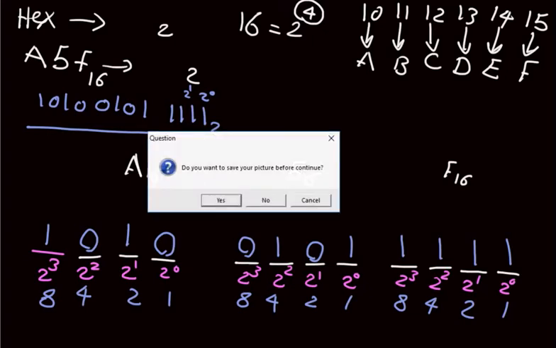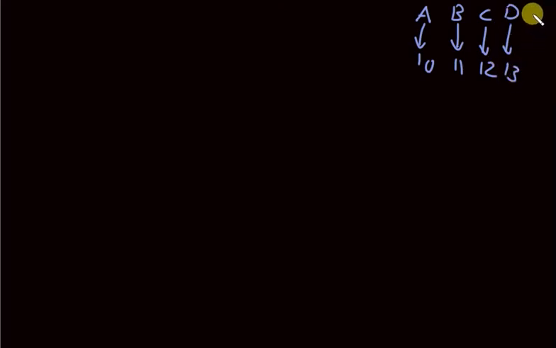let me first open a new page. Okay, so now I have a number. For example, let's choose a small number because it won't take a long time. I'm gonna put A was 10, and then B 11, C 12, D 13, E 14, and then F, which is 15.